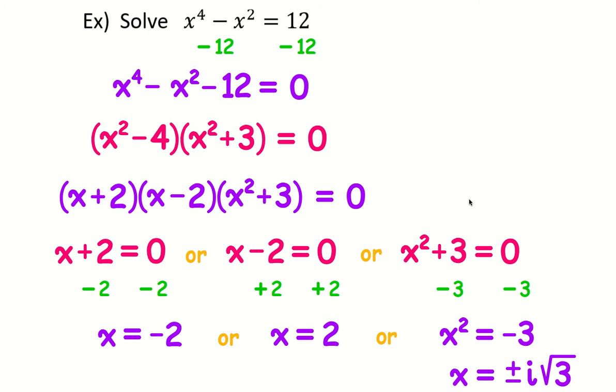I do want to point your attention to this part right here. Remember that when you're solving this part of it, like if you ever had to do x squared plus 3 equals 0, unless you wanted to do the quadratic formula, you would kick the 3 over to the other side. You would end up with x squared equals negative 3, and then you would take the square root of both sides.